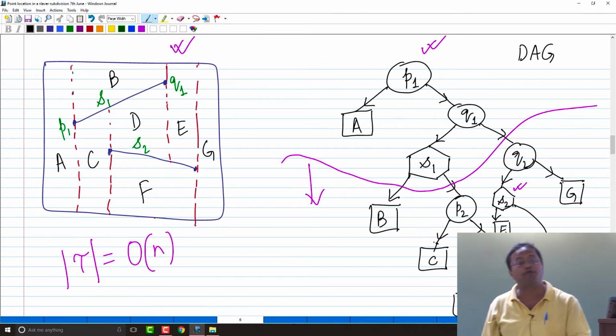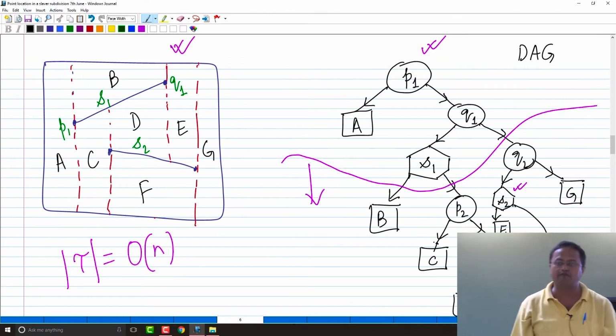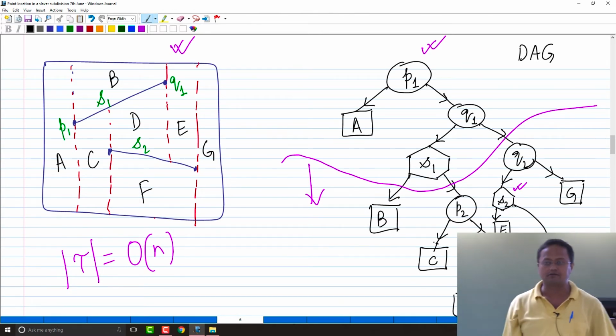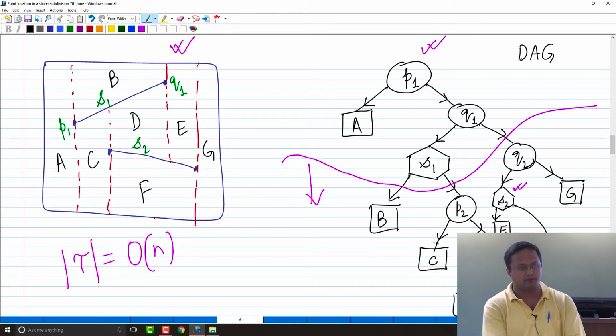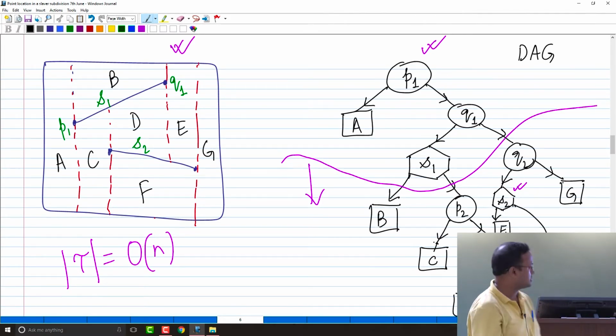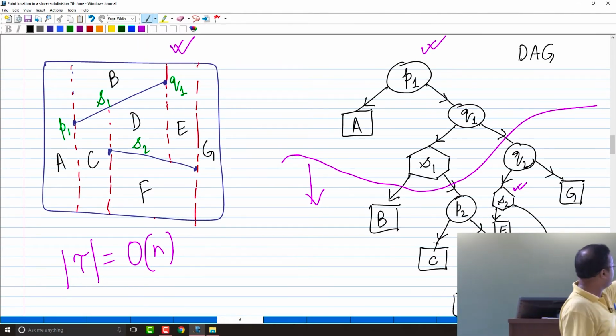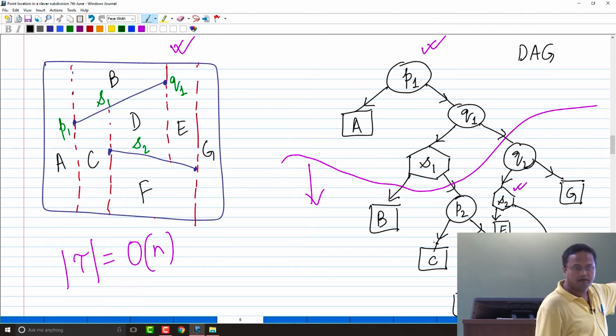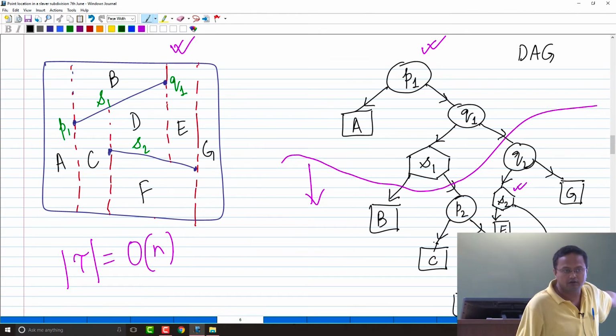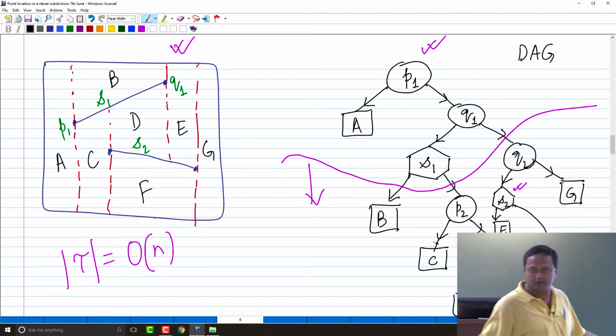When will it fall further? If and only if this trapezoid breaks into some new trapezoids, else it will remain the same. Say for example, if my query point is at A, it is not going to fall any further.